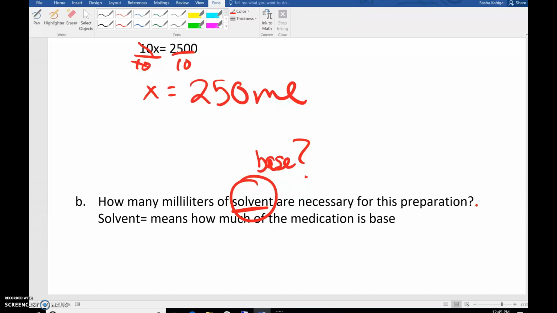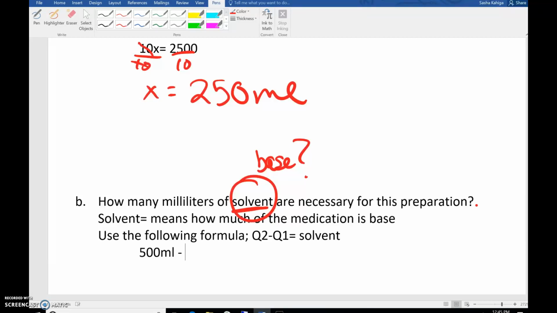In order to solve that, you must use the following formula. You're going to take Q2 minus Q1, which equals your solvent. So we already know that our Q2 was 500 milliliters. Your Q2 is your desired preparation, whatever you prepared.